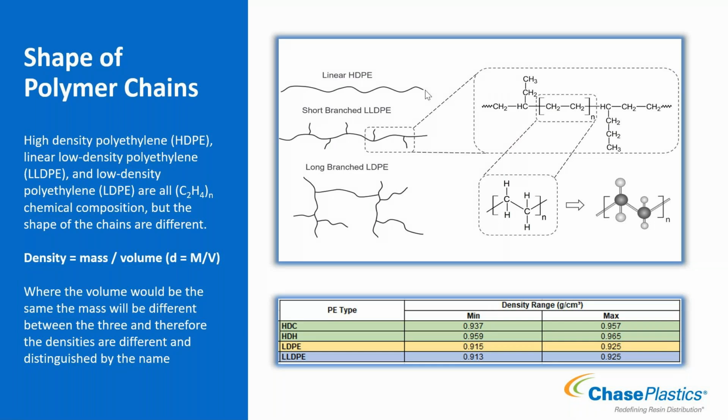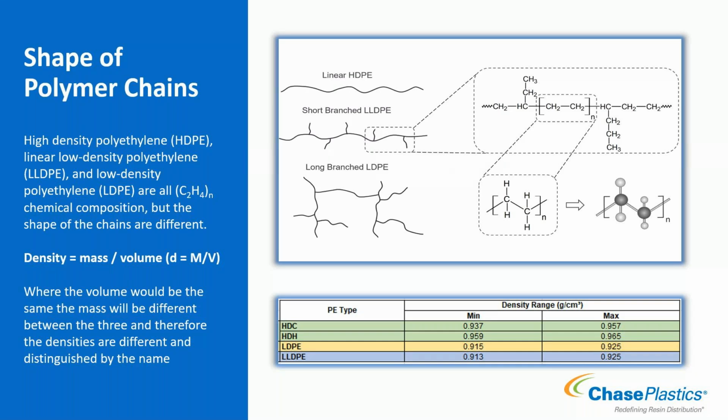Linear low is going to have smaller branches off, and then low density has long branches. As you can imagine, if it's trying to get really close, the branching on there is going to hold it off and make it difficult for it to tightly pack in there. So your low density has a lot more spacing between your chains, resulting in less mass within the same volume. And so you end up with a low density.